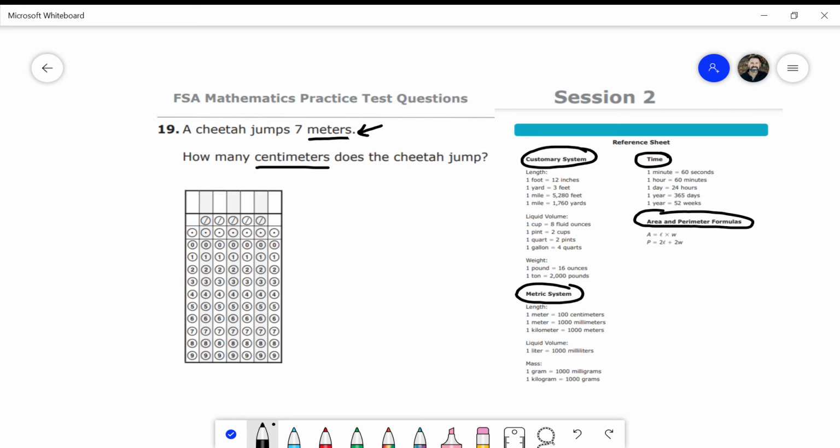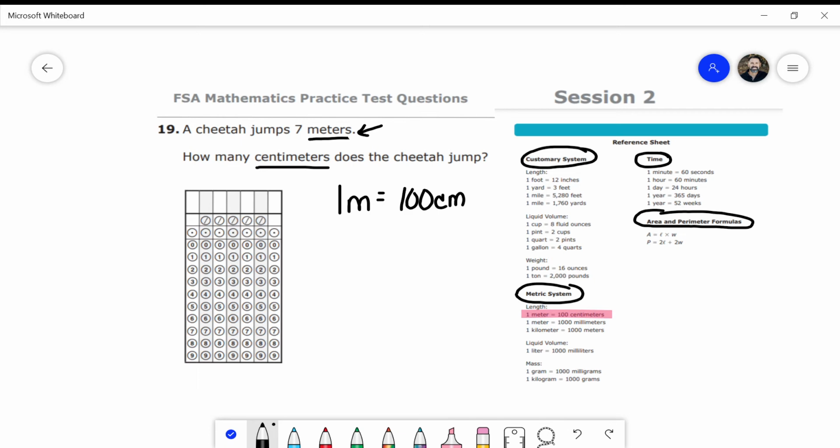When we're talking about how long something is, meters is bigger than centimeters. Centimeters is a smaller conversion. If we look at our conversion document, we see that 1 meter equals 100 centimeters. So if I write that down, 1 meter equals 100 centimeters.